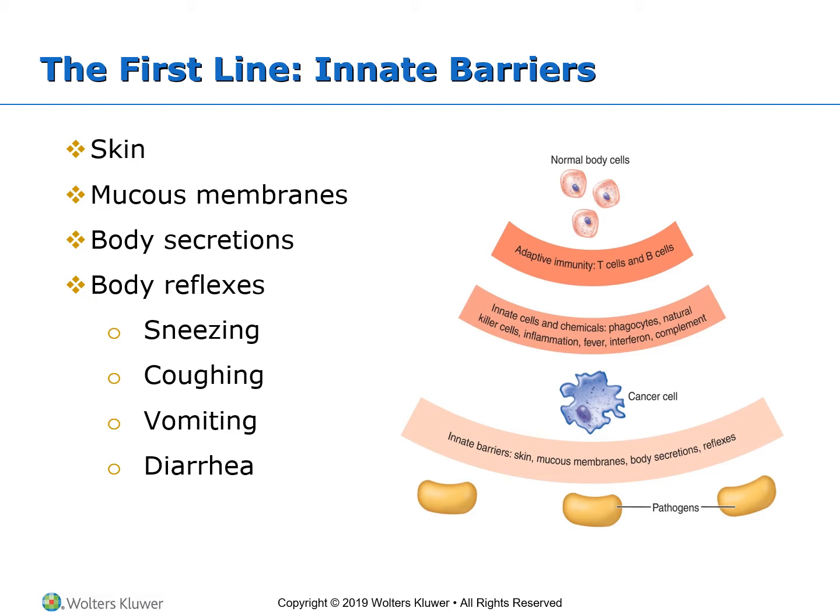So when we're looking at those lines, and they are very well organized, we can classify them as innate or adaptive, and we'll discuss each of those separately. The innate are those defense mechanisms that we are born with, and they are inherited from our parents.